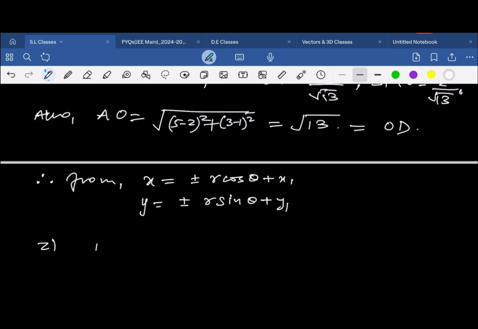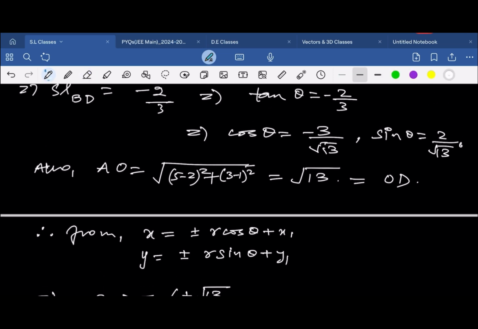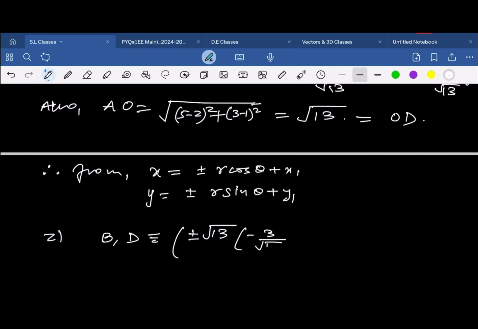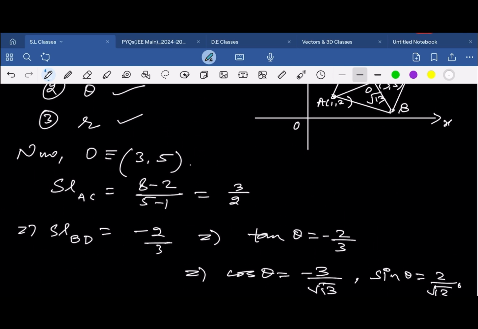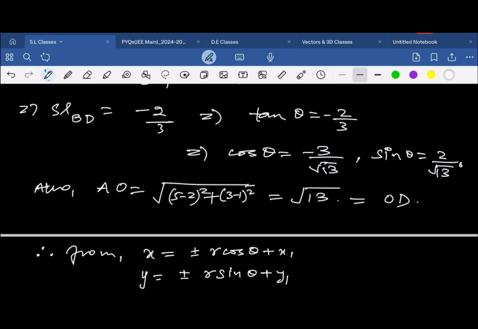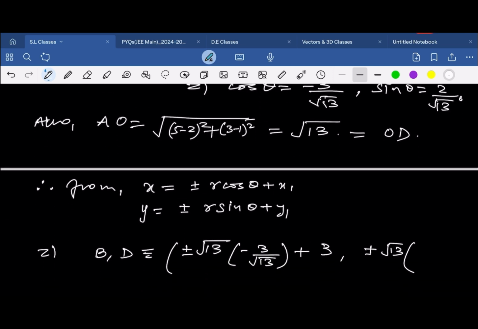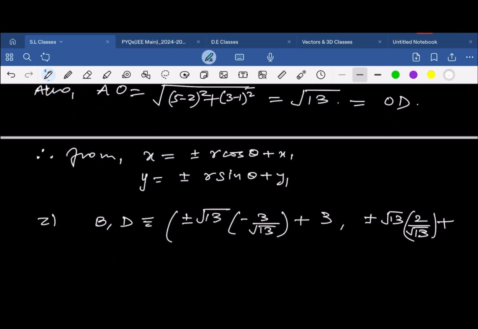So (x, y) for B, D are plus minus root 13 times cos theta, that is minus 3 by root 13, plus x1 which is 3, comma plus minus root 13 times sin theta, that is 2 by root 13, plus y1 which is 5.